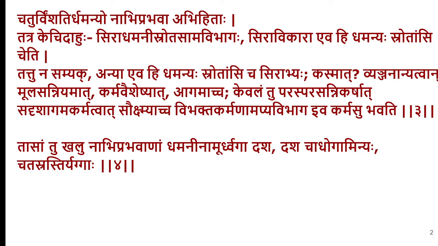But because they are very close to each other, there is a similarity of function, and because of the similar function, there can be confusion. Vibhakta karmanamapi avibhagaha: though they have different functions, there is a confusion or overlapping of the functions.